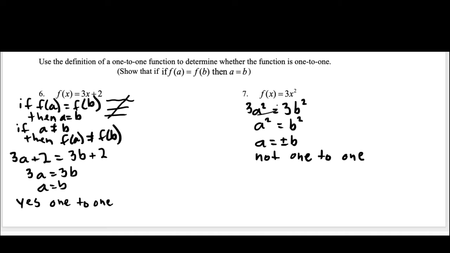Over here, this is a quadratic parabola that opens up because it's positive, and you can see that would fail the horizontal line test. So visualizing the graph is another way of determining that f of x equals 3x squared is not one-to-one. F of x equals 3x plus 2 is one-to-one.